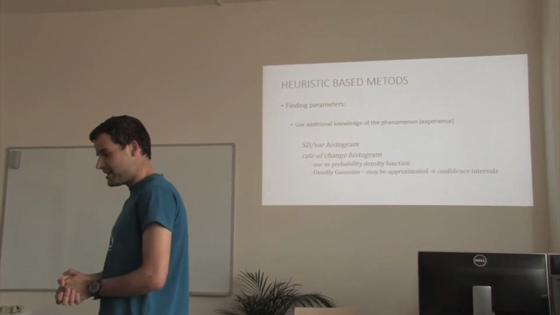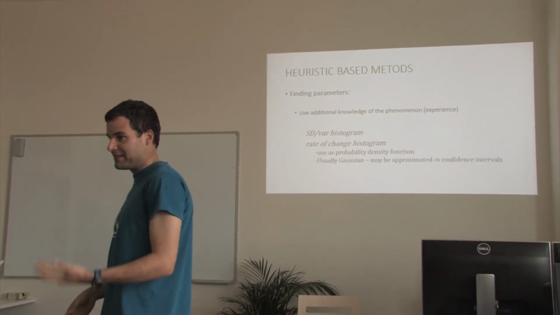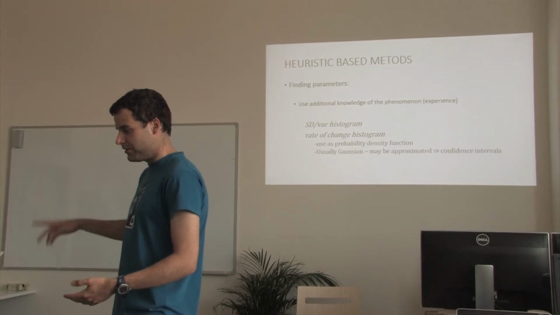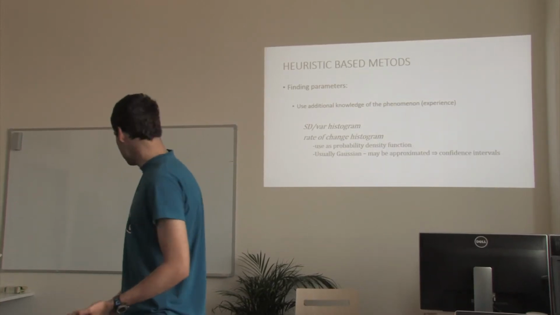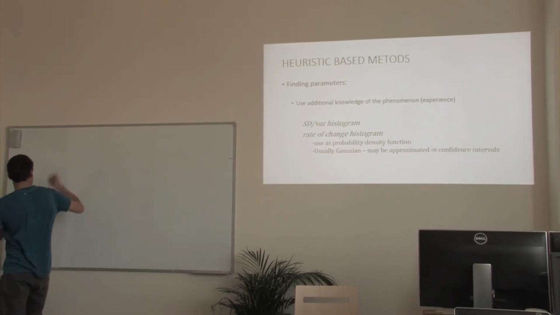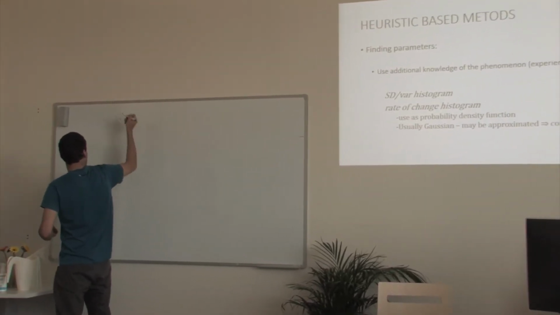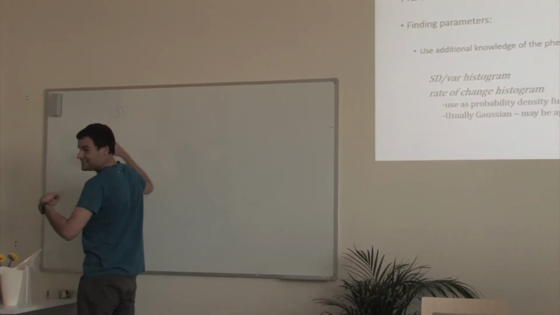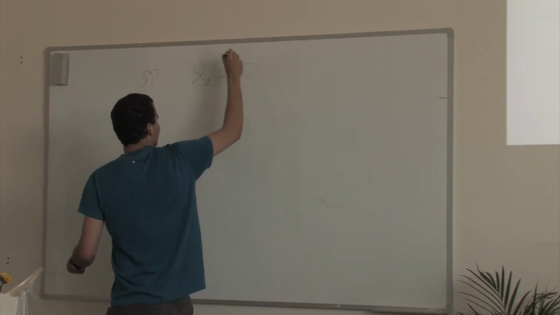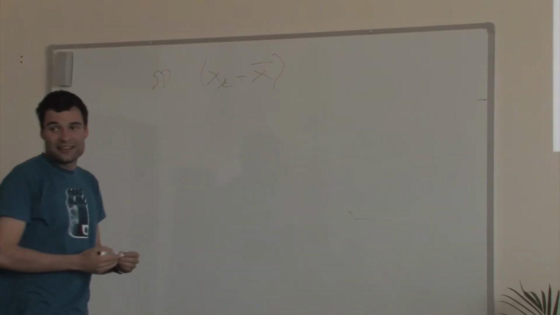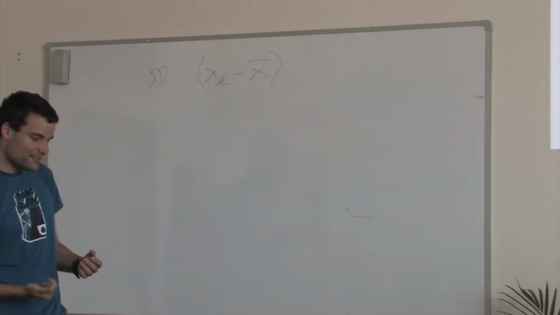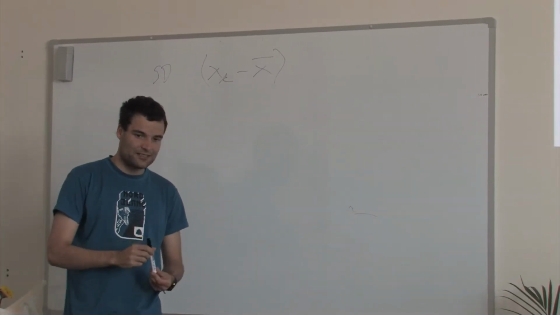We can create a histogram of variances for the whole time series. We can calculate not the standard deviation, but the deviation of each value, where the xt minus the mean is what we are interested in, and we create a histogram of all of them, and we can use it as a probability function.